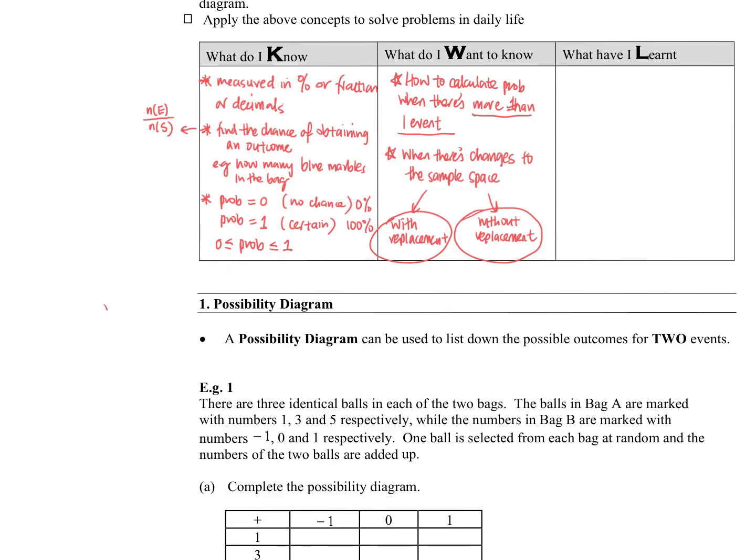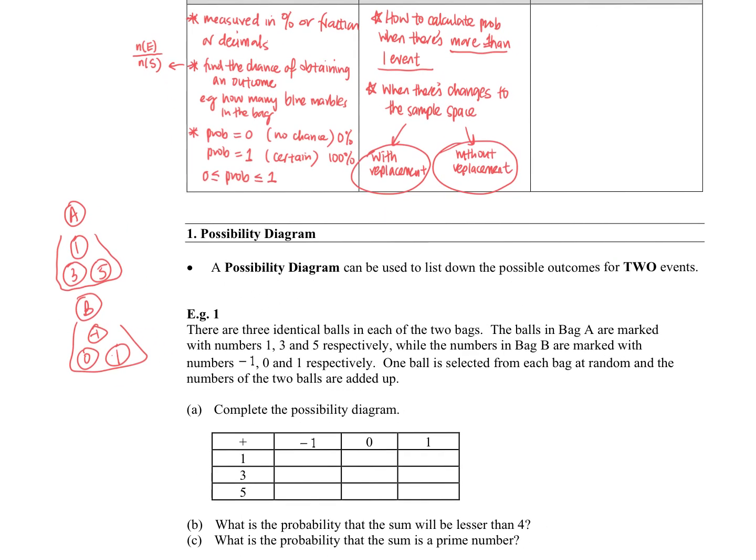In bag A, the 3 balls are labeled 1, 3, 5. And in bag B, I have 3 balls also, but the numbers are labeled -1, 0, and 1. I'm going to pick 1 ball from each bag at the same time. So what is the outcome?